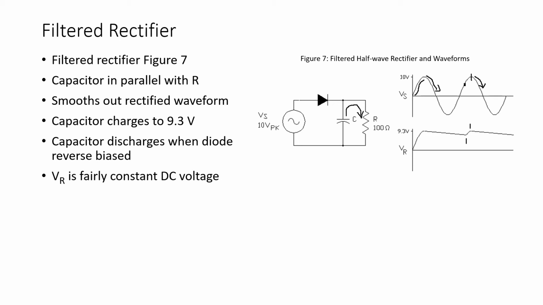But looking at the sketch of the filtered rectified waveform in figure 7, note that this resistor voltage is a fairly constant DC voltage. And this is essentially all you have in an AC to DC converter, such as the little black box you plug into the wall that you plug your cell phone or some other electronic device into. It is simply a rectifier and a filter capacitor.